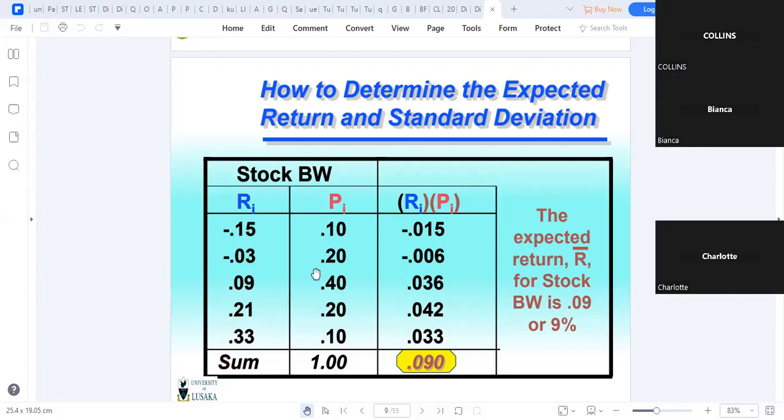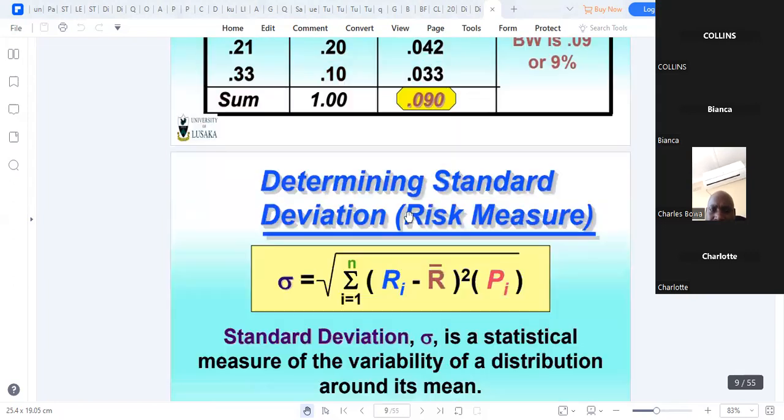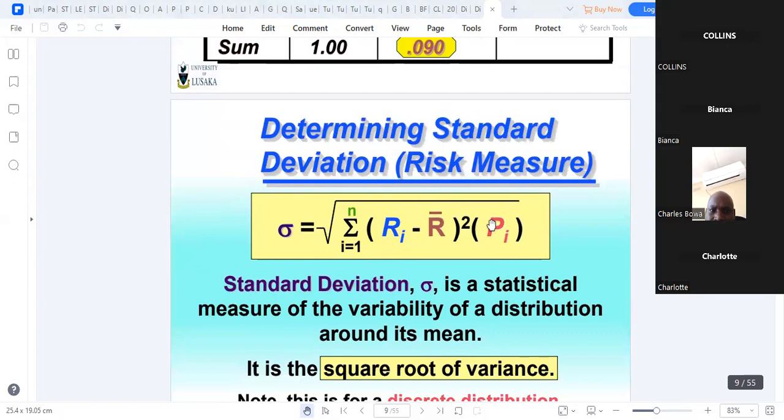Okay. So now we want to calculate the standard deviation. Whenever we're calculating standard deviation, whether in statistics or in this course, we usually take the square root of the variance.